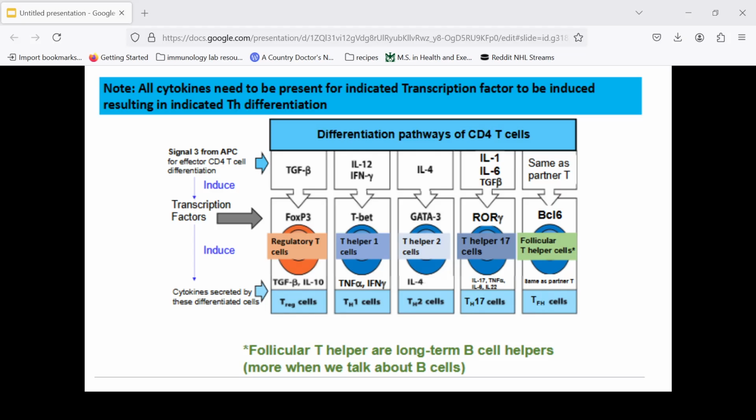Beneath that are the cytokines that that TH cell will now produce. It's super helpful in distinguishing the before and after and where these cytokines come from. So if we want to know what the signal 3 coming from a dendritic cell that is going to induce that differentiation is, it's going to be at the top.